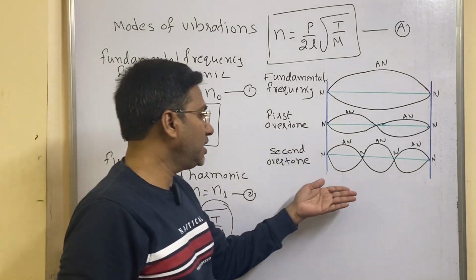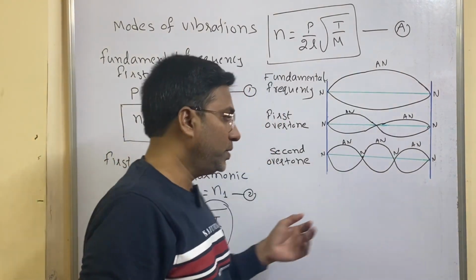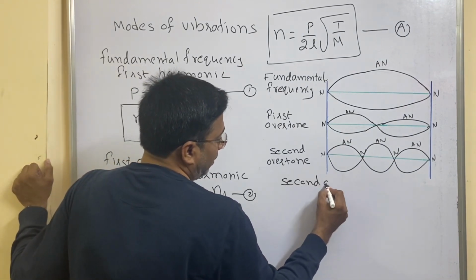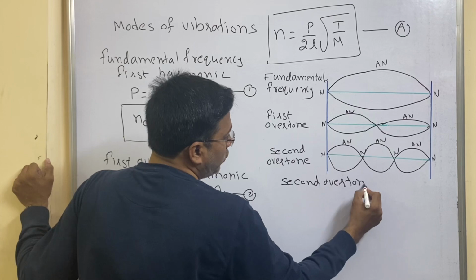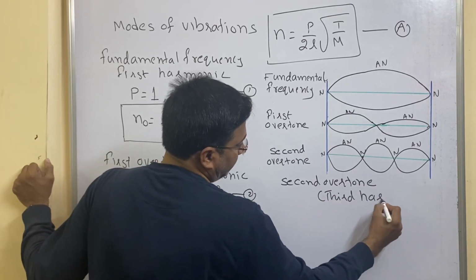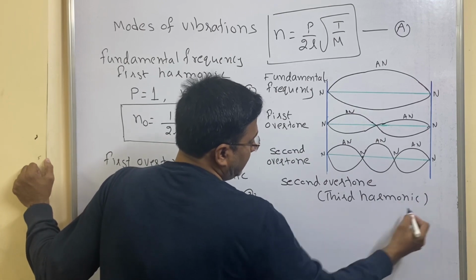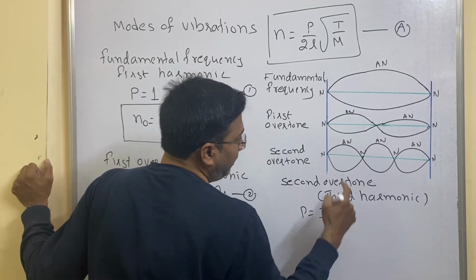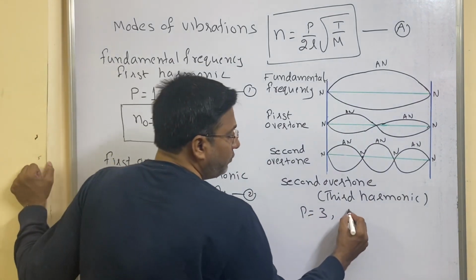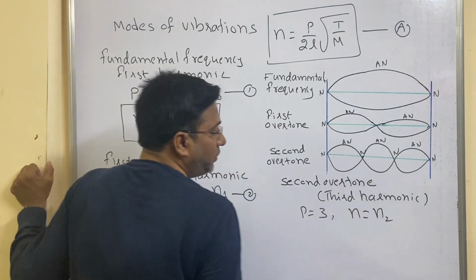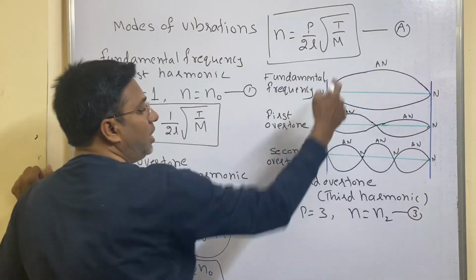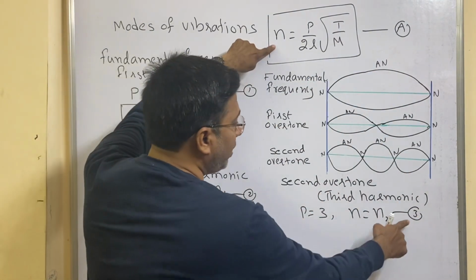Now let us see the last part, the second overtone. The second overtone is also known as the third harmonic. In this case, how many loops are there? 1, 2, 3. Three loops are there, so P equal to 3. For this, we represent the frequency with the letter n2. Make this equation number 3. Put 3 in equation A. In place of n, we can write n2.